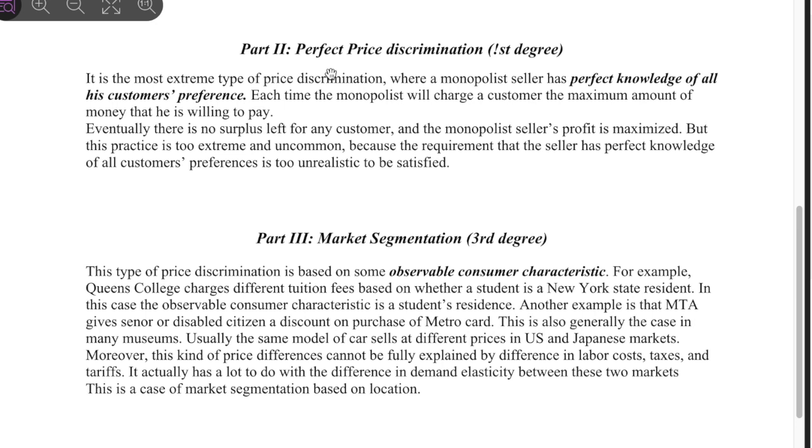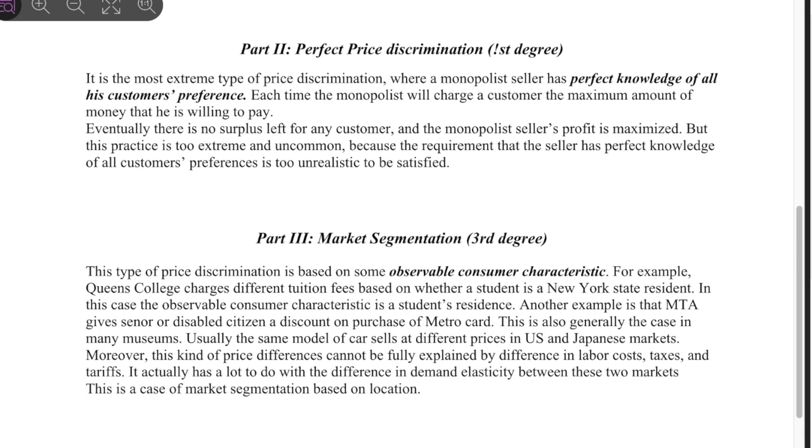Eventually, there's no surplus left for any customer, and the monopoly seller's profit is maximized. But this practice is too extreme and uncommon because the requirement that the seller has perfect knowledge of all customer preferences is too unrealistic to be satisfied.